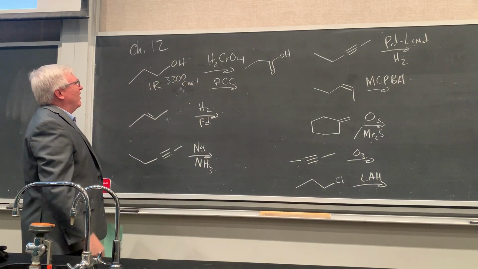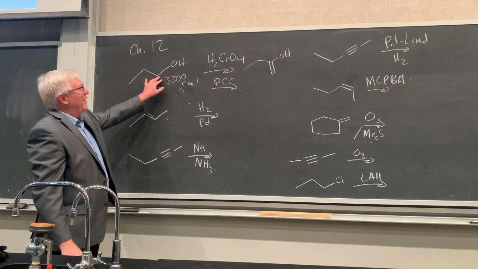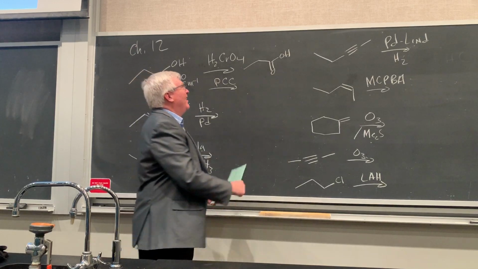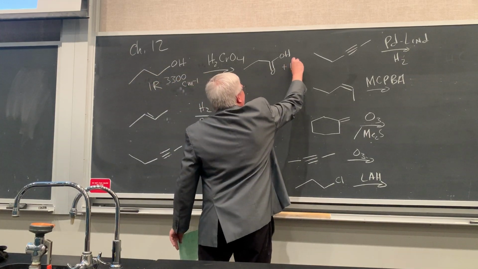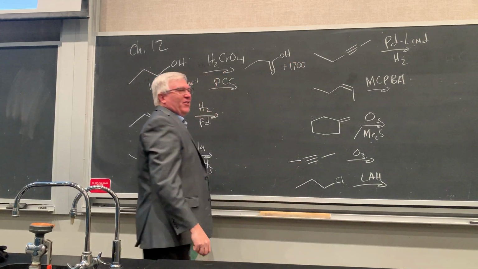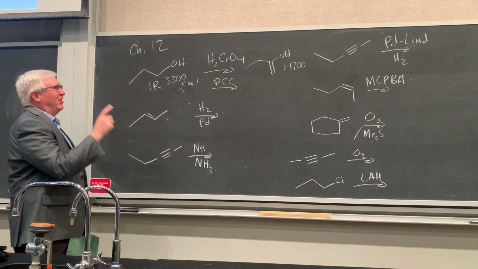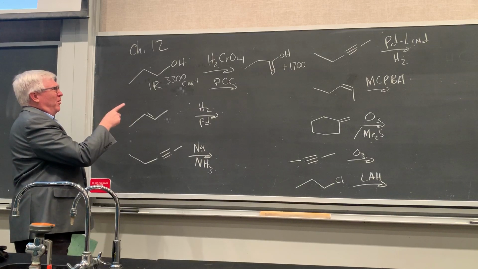That will tell us it's an alcohol, but we don't have a carbonyl here with the alcohol. But when we do the oxidation to the carboxylic acid, we'll add that 1,700 peak also. So you can kind of follow that reaction by IR there. But yeah, you should go all the way to the carboxylic acid with the strong oxidant.